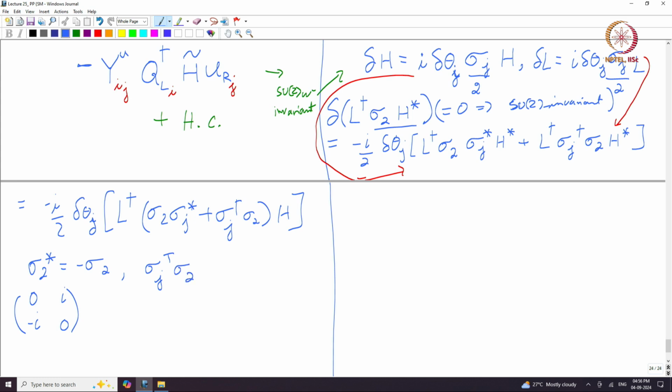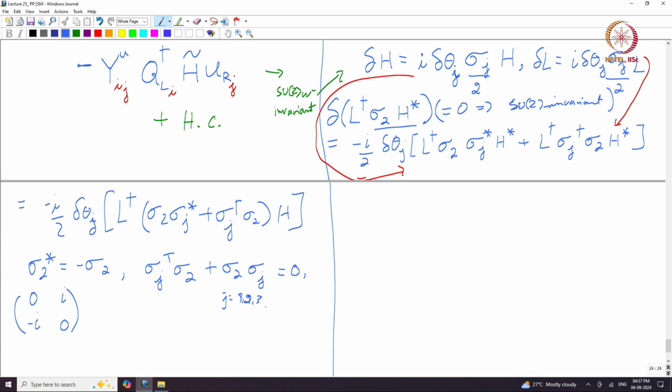If I take the Pauli matrix and hit it with sigma 2, and then I take the transpose first, and then I don't take the transpose later. For any Pauli matrix, this is true.